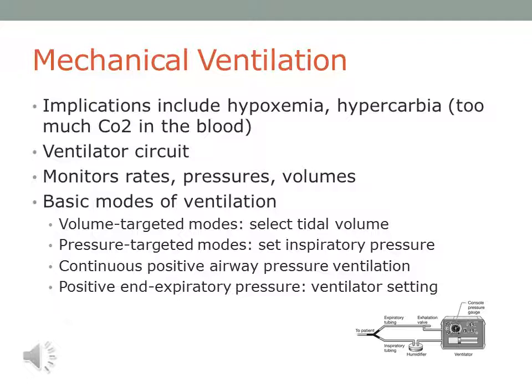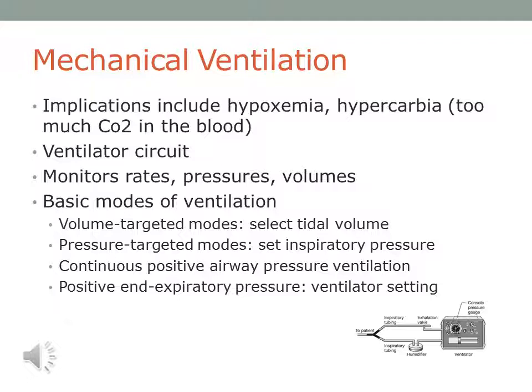Basically, there's a selected set tidal volume that's delivered during the inspiratory phase of ventilation. So the machine's going to give a certain amount of volume during the inspiration cycle. When that volume is reached, and remember the machine's measuring the volume, the expiration cycle will begin, or the exhale.